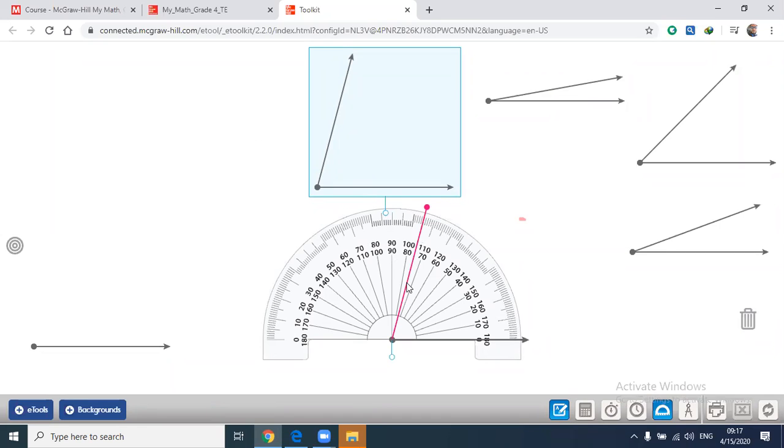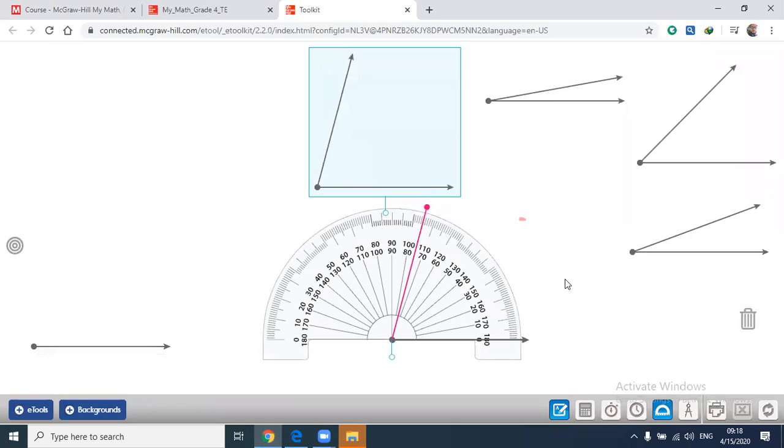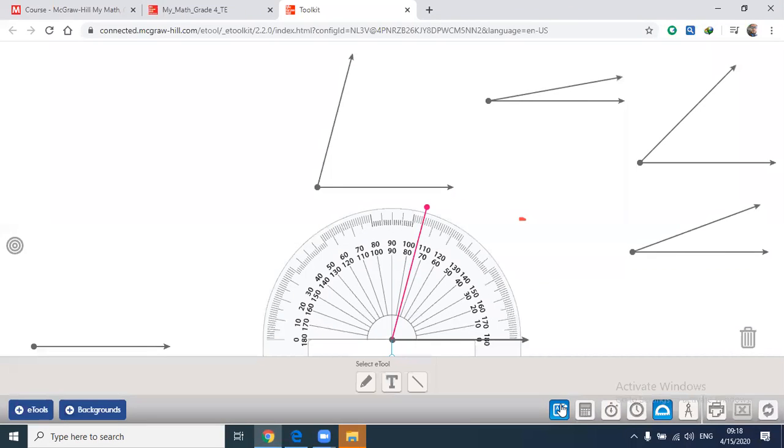Then another one with measure 90. Let me write the number of each one. Wait, this was number 1.